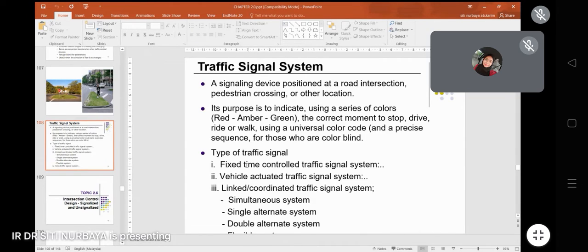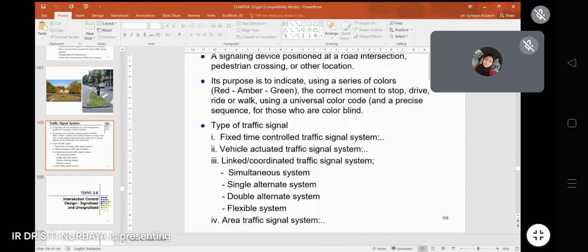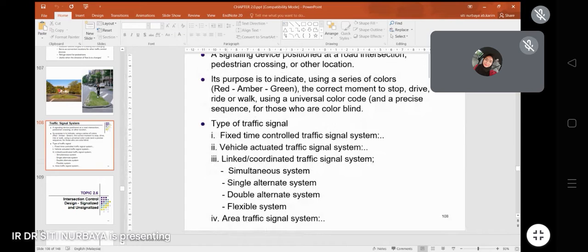Okay. So the type of the traffic signal, okay, so kita ada 4 types, that are the fixed time control, vehicle actuated traffic signal system, and then kita ada yang jenis link or coordinated traffic signal system.